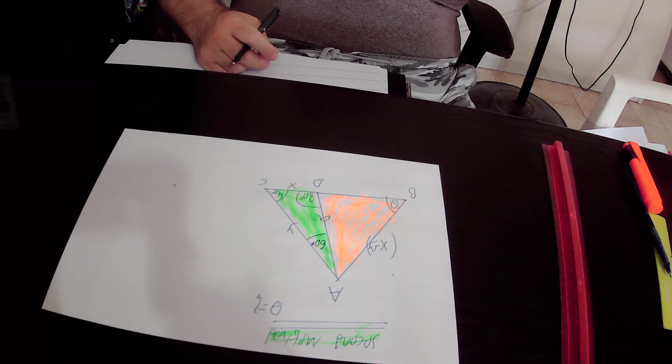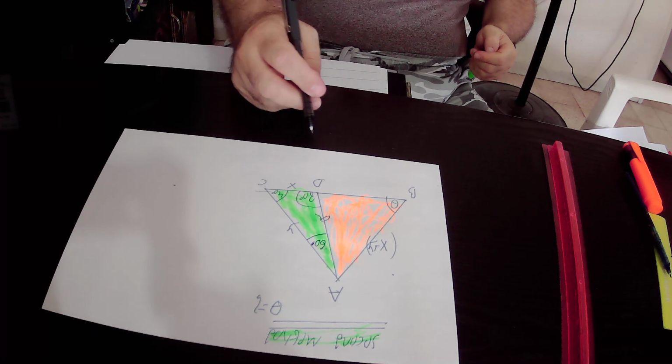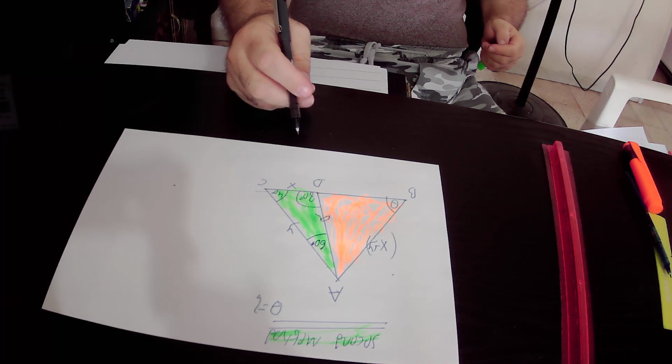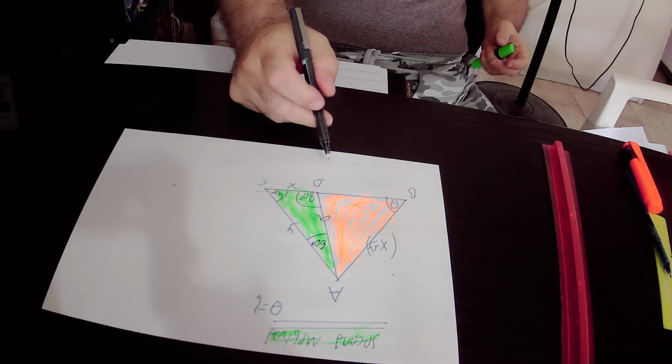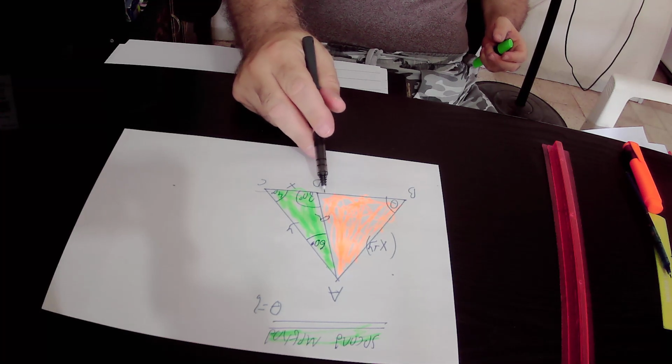ABC is a triangle, therefore side BC is one side of triangle ABC, and it is absolutely a straight line. So if you focus on the upper side of the straight line BC at point D, the sum of the angles must be equal to 180 degrees.